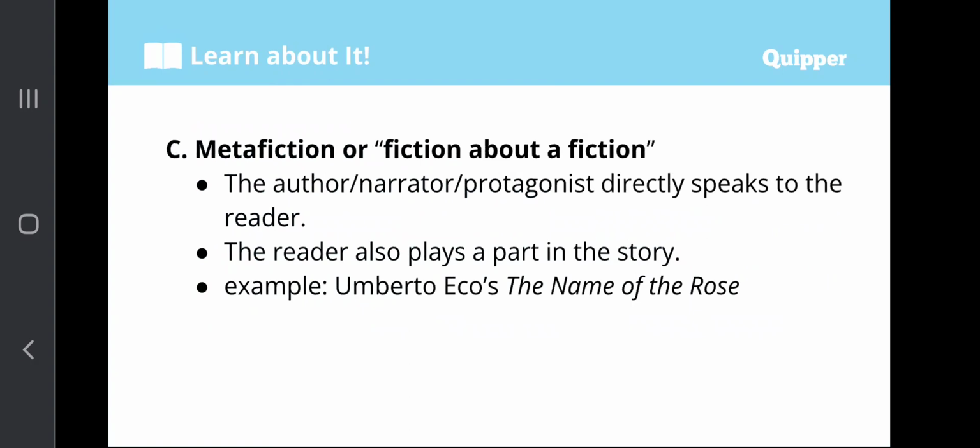Third, metafiction, or fiction about a fiction. The author, the narrator, and the protagonist directly speak to the reader, and the reader also plays a part in the story. Example is Umberto Eco's The Name of the Rose.